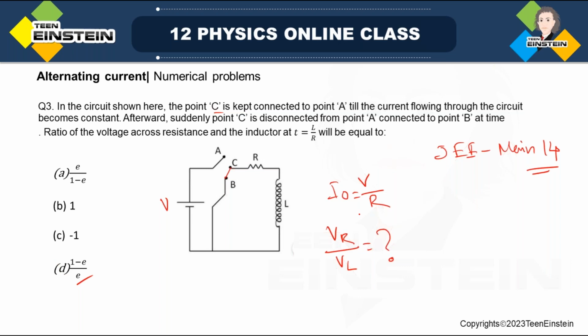One thing is very clear: when the battery was connected, the thing is clear now. When C is disconnected from A and connected to B, it is again an LR circuit.